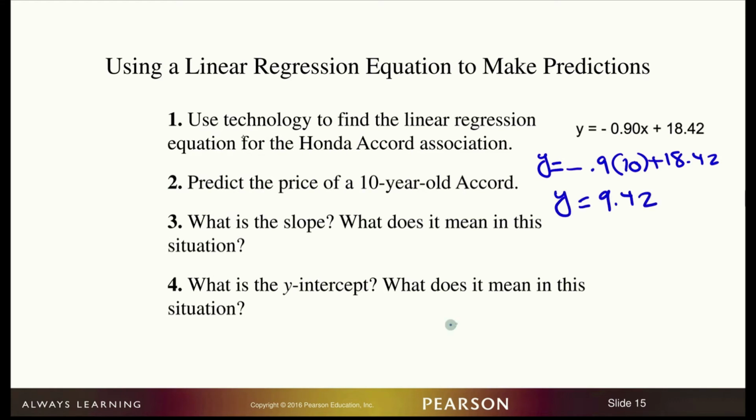And remember, that's in thousands of dollars, right? So the model prediction for a 10-year-old Honda Accord price is 9.42 times $1,000, right? So basically $9,420, okay?